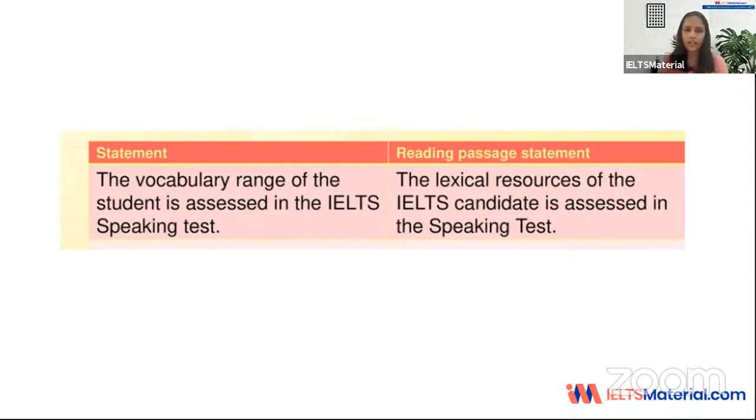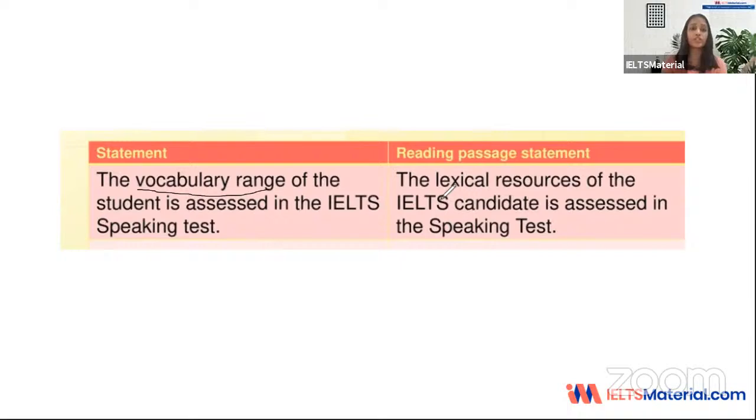So let's understand if the meaning is the same in both the statements. As we understood in the last class, that paraphrasing is very important in almost all the modules. So let's see what are the similar words. So on the left side, we see vocabulary range, right?